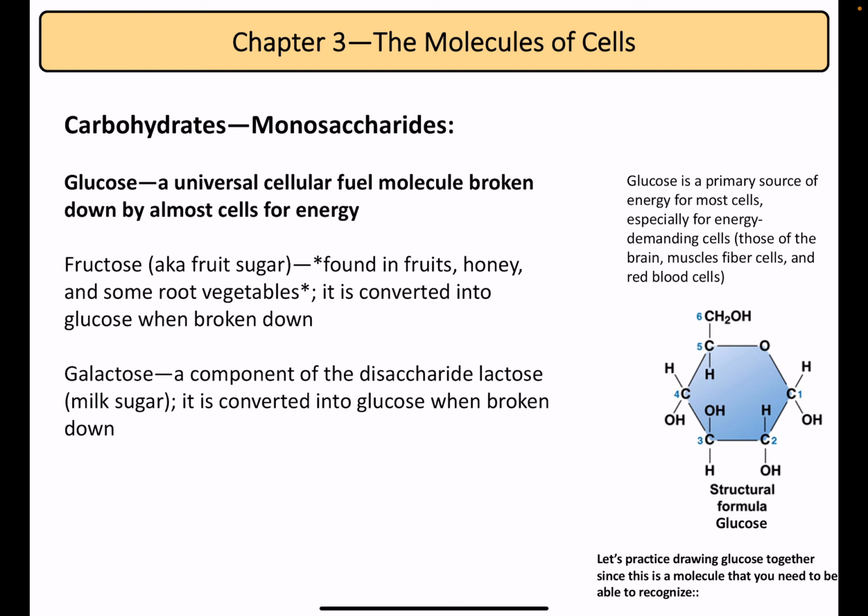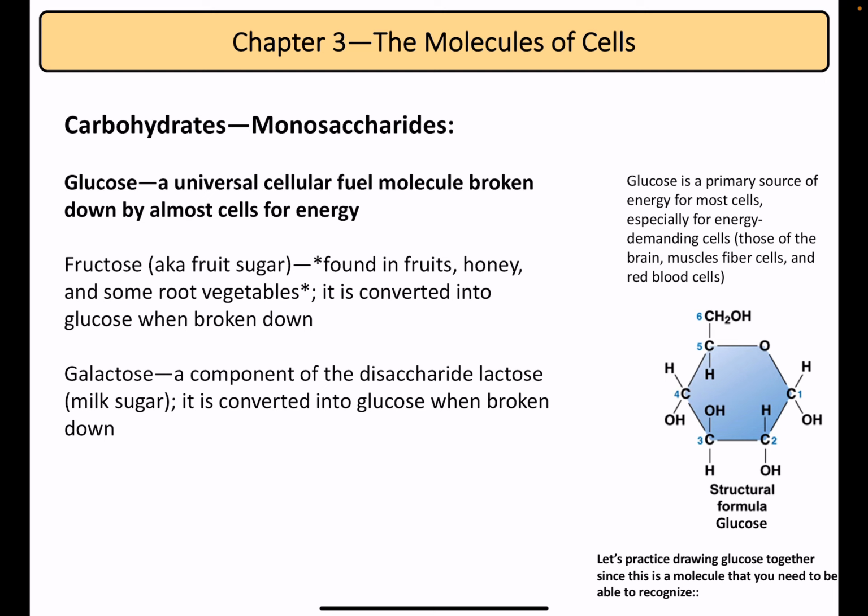If an animal, like yourself, has the enzyme that allows you to digest lactose in milk, then when you digest that lactose, you're left with 2 sugars. Those are glucose and galactose. Importantly, when you break down both of these monosaccharides, fructose and galactose, they are converted into glucose.